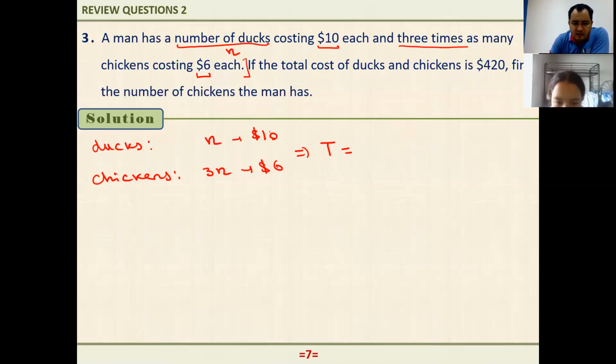Each duck is $10, and how many ducks did we buy? N. So here we should pay 10 times N dollars, right? Plus, we bought 3N chickens, and each chicken is $6. So here we have 3N times $6, right? So altogether, how much did we pay? We paid $420.